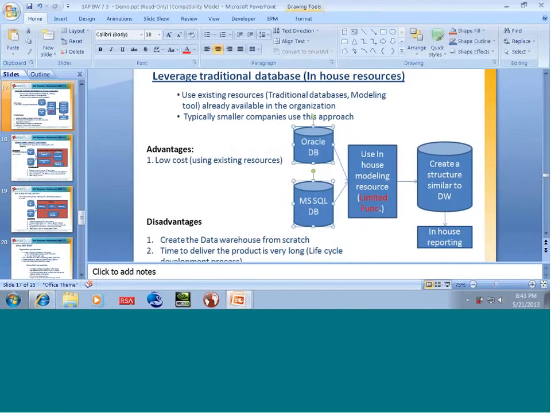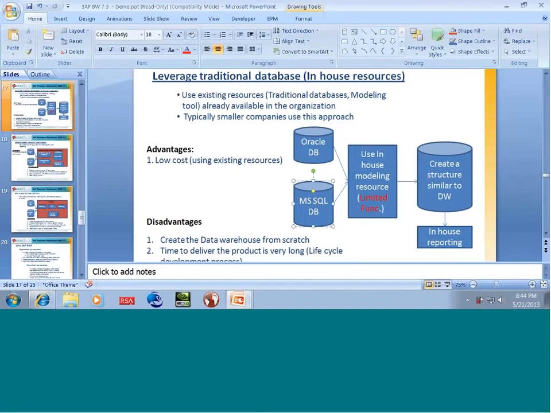So what they're going to do is create something called an in-house data warehousing model. When I say in-house, they're not buying any extra proper data warehousing tool. The company is going to spend a lot of money training their in-house resources to understand the data that is sitting in the transactional databases, and using the ER model, convert this data into a different structure if possible within the traditional database itself, and bring it to a structure similar to data warehousing.